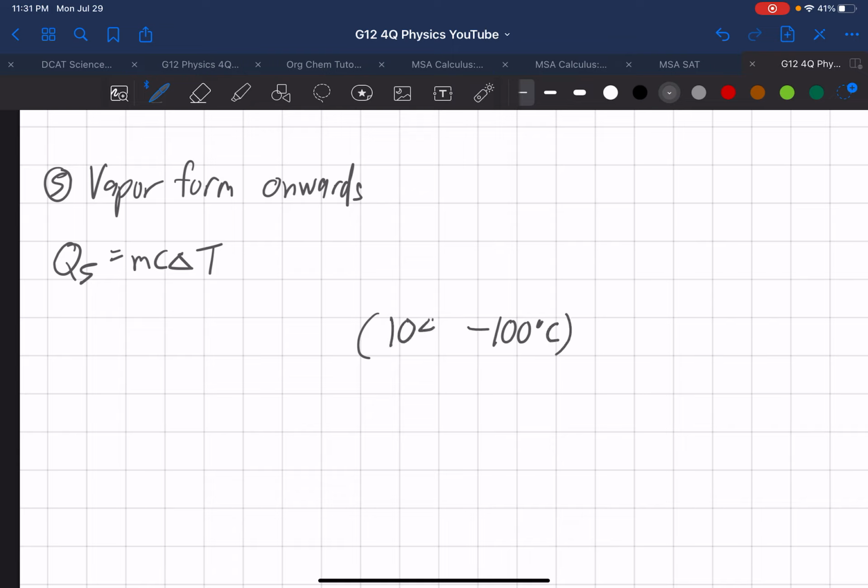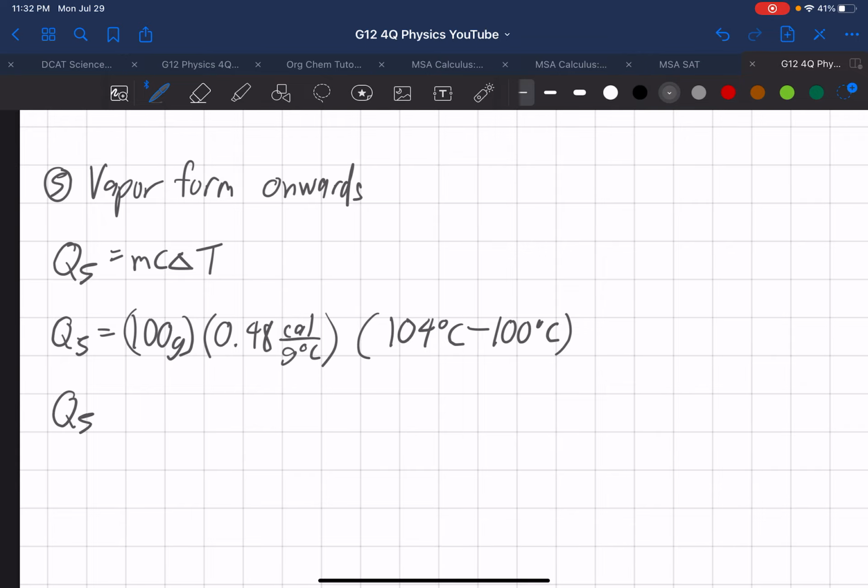The final temperature is supposed to be 104 degrees Celsius. Q5 is equal to the mass. What is the mass? 100. Specific heat, that is, well, right now we're in vapor form, so 0.48, or basically 0.5. Let's just stick with 0.48. Calories over grams times degrees Celsius.